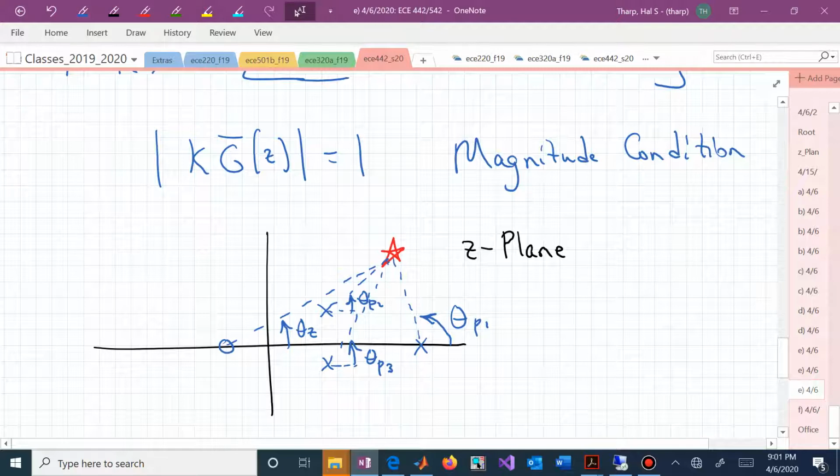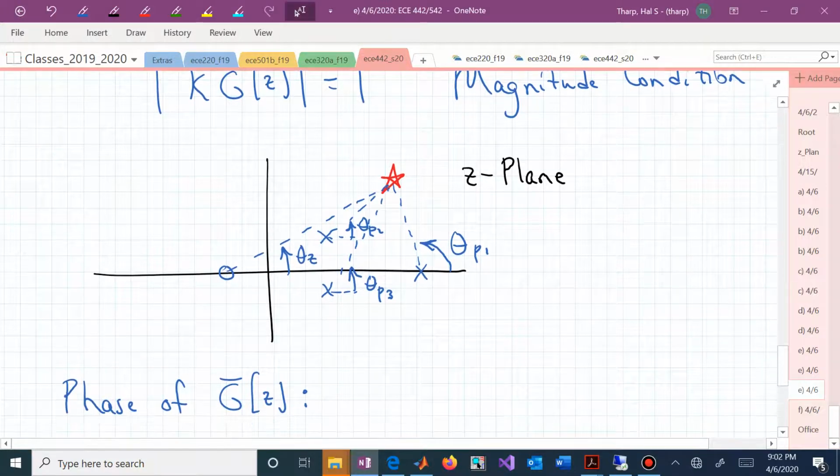We now can start at each of those singularities, the poles and the 0, draw a line from that singularity to the star and determine the angle that that singularity makes with the positive real axis and that directed line segment to the star. For the rightmost pole, that angle is theta p1. For the upper pole, that angle is theta p sub 2. For the lower pole, it's theta p sub 3, and for the 0, it's theta of z.